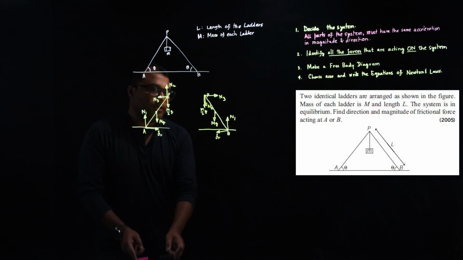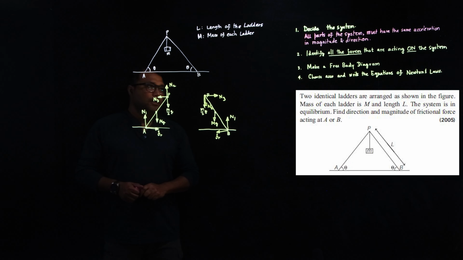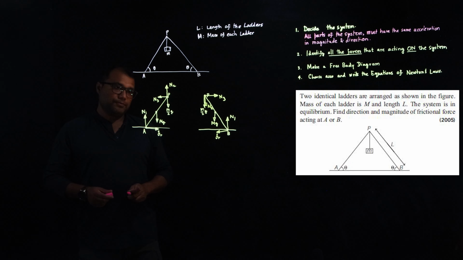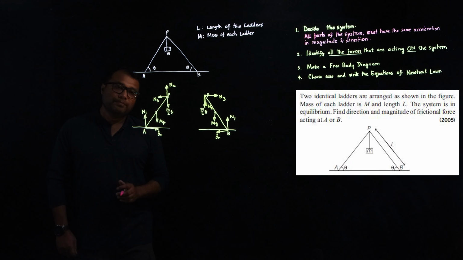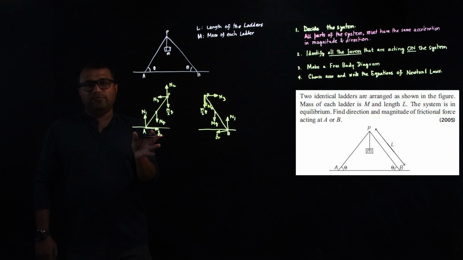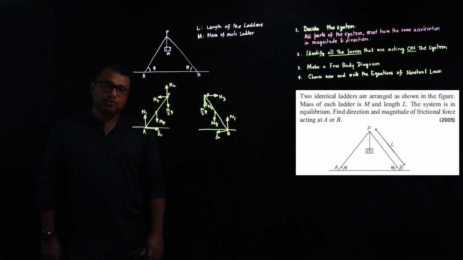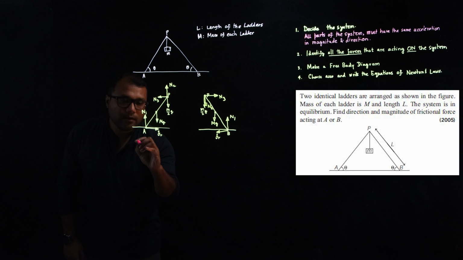Now, if we got the free body diagram, we have identified all the forces, we can write the equations based on Newton's laws. Okay, now everything is in equilibrium, there is no acceleration anywhere. So all the vertical forces and the horizontal forces for each of these systems should cancel out. So what are the vertical forces here?